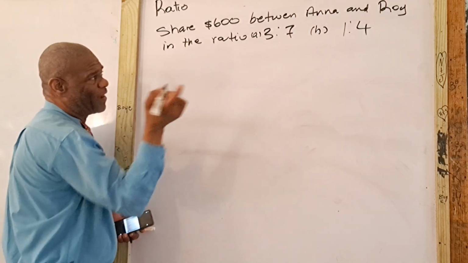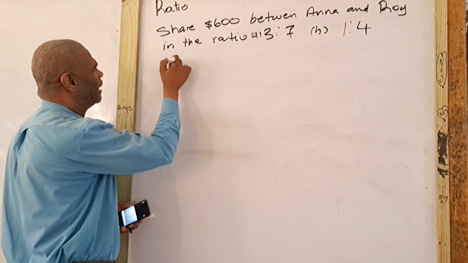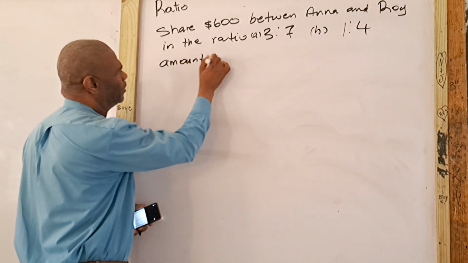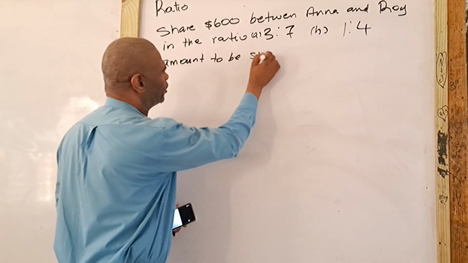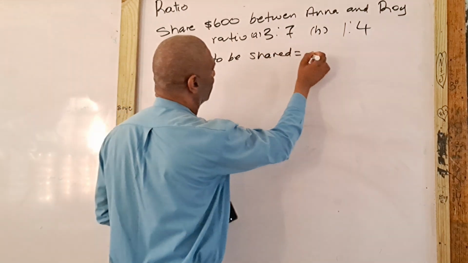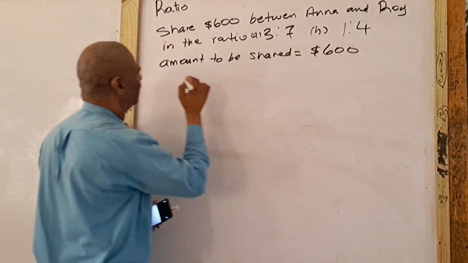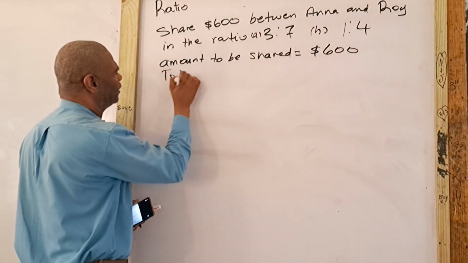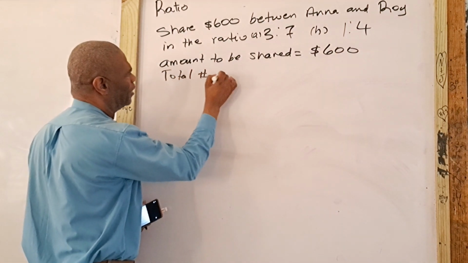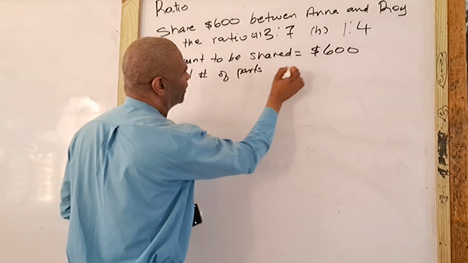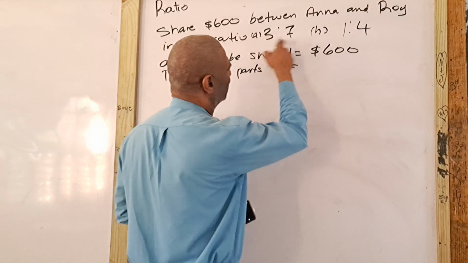So let's find out what one part is. Amount to be shared equals 600. Total number of parts equals 7 and 3, 10.